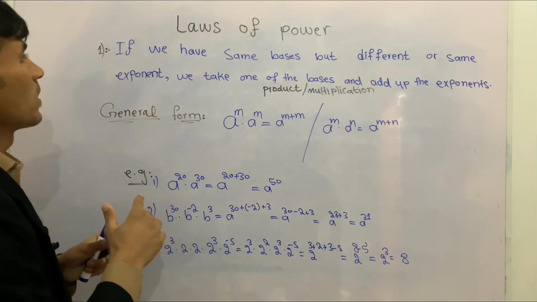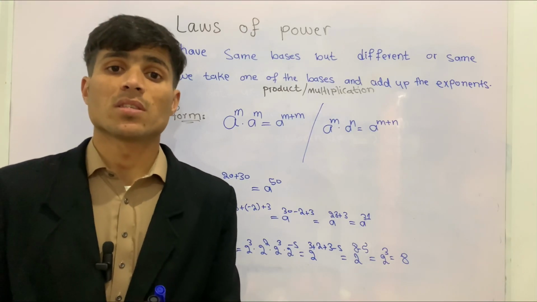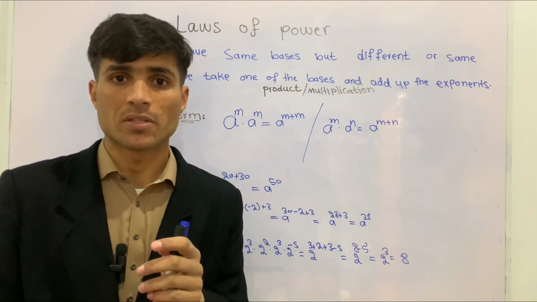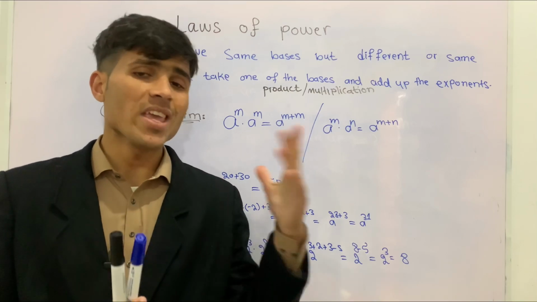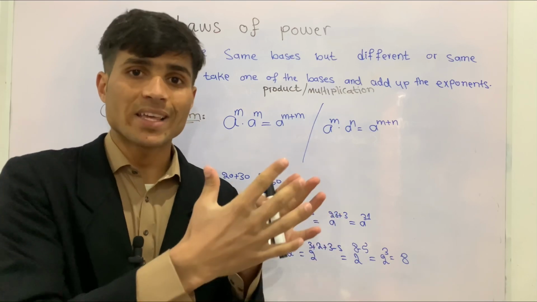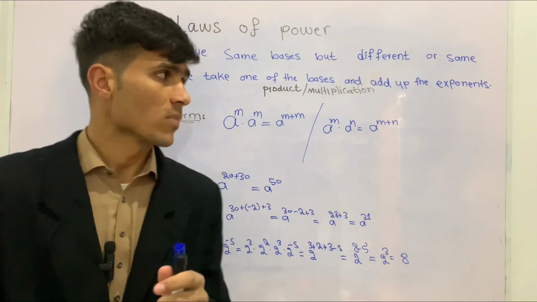In case of multiplication, if we have same bases but different or same exponents, we just take the common base, only one base, and we add the exponents to each other.